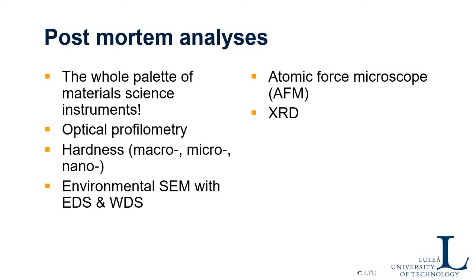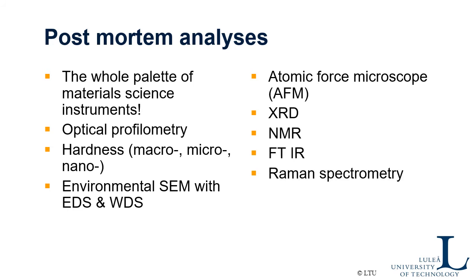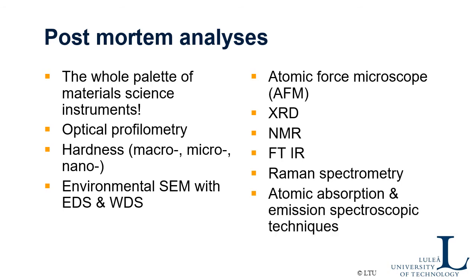With XRD, you can measure a little bit the microstructure of the material or the crystallinity of the material. NMR can help you to learn what's on the surfaces. IR techniques, the same Raman techniques and atomic absorption techniques are also very good if you want to know what's on the surface after the tribotests.